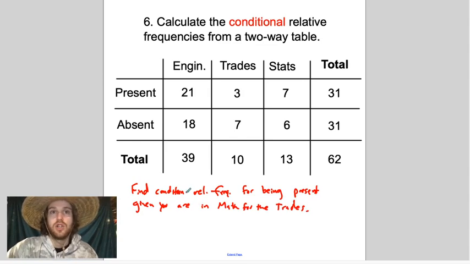Okay, find the conditional relative frequency for being present given that you're in math for the trades.